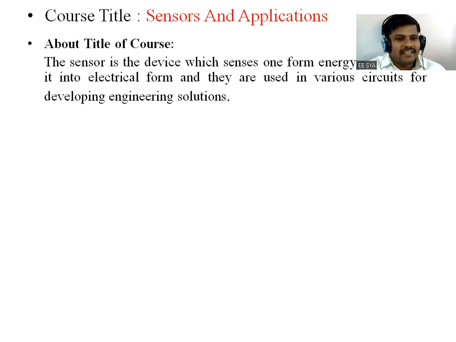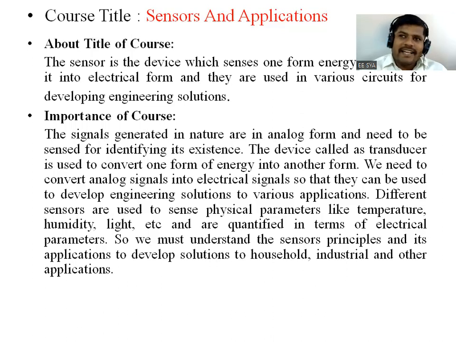If it is overfull, then our eye will sense that the tank is full. So it is one example. That means our eye acts as one type of sensor. Like that, I am telling regarding the man-made sensor.